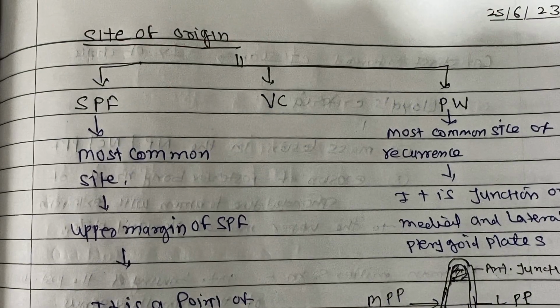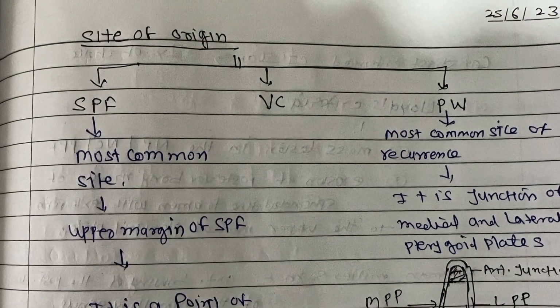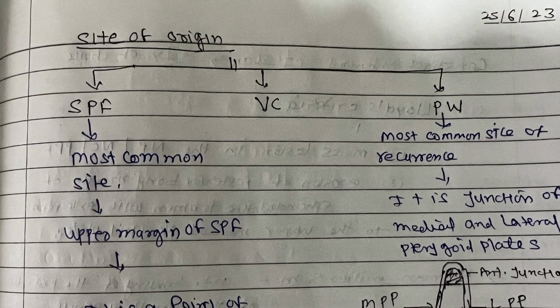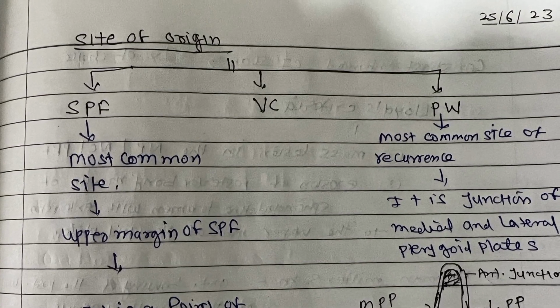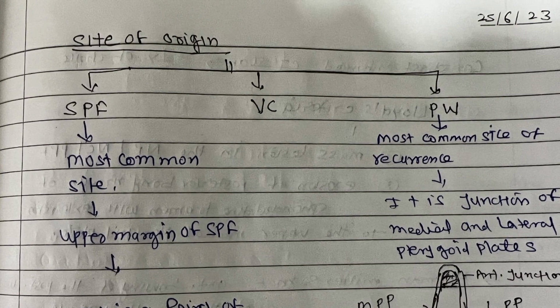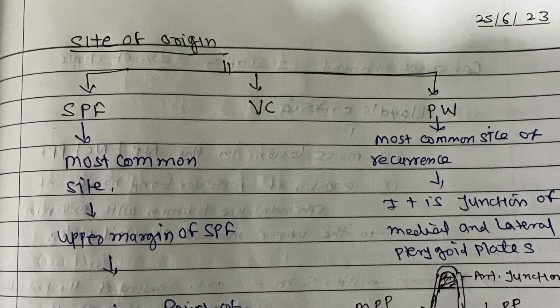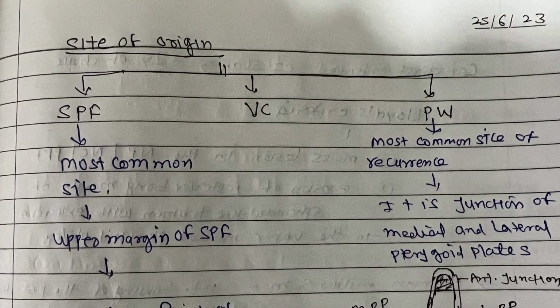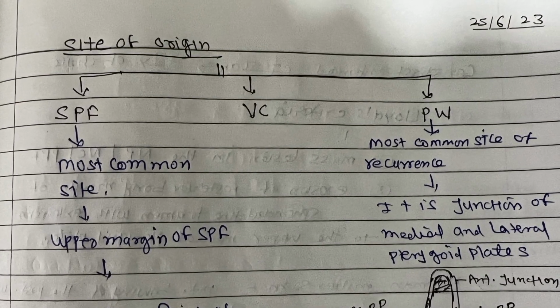Now, for the site of origin of angiofibroma, there are three sites: sphenopalatine foramen, vidian canal, and pterygoid wedge. Sphenopalatine foramen is the most common site. It arises from the upper margin of the sphenopalatine foramen, a point of trifurcation.